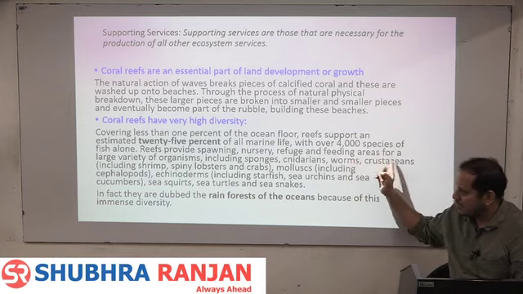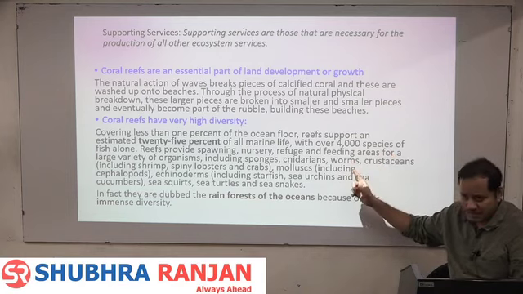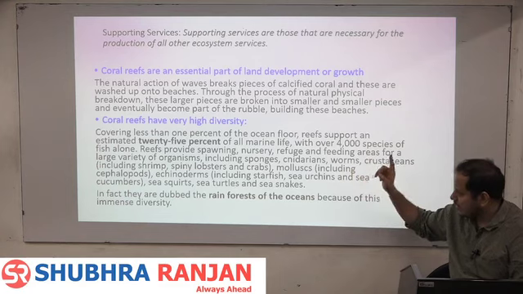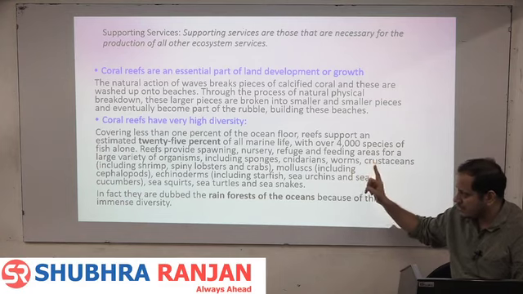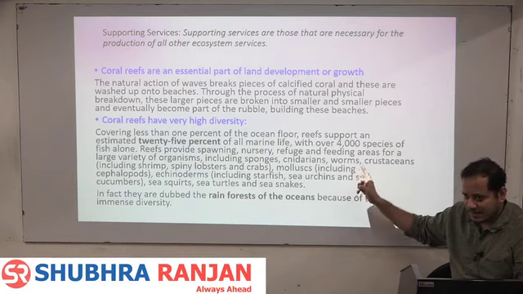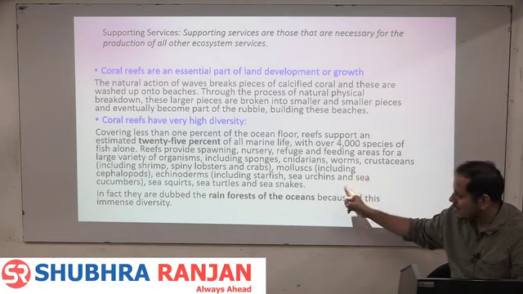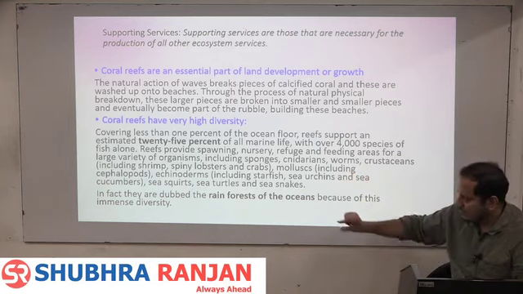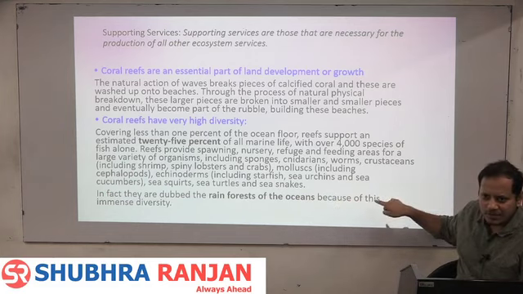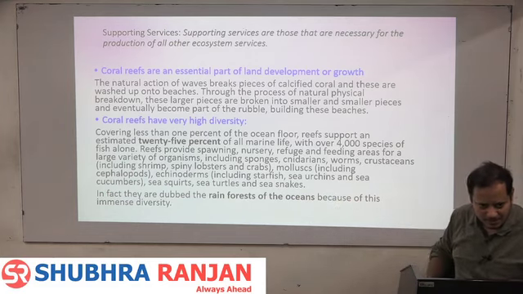And feeding areas for a large variety of organisms including sponges, cnidarians, worms, crustaceans, mollusks, echinoderms, which we have already studied. These are benthic and pelagic deposit organisms. Sea urchins, squirts, sea turtles and sea snakes, and therefore they are known as the rain forest of the oceans. Clear?